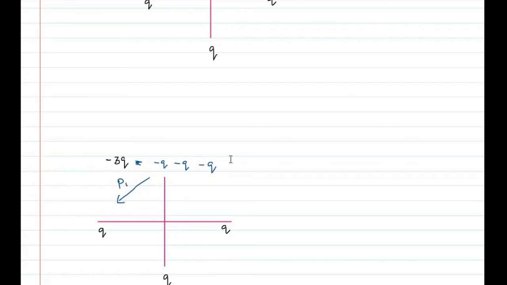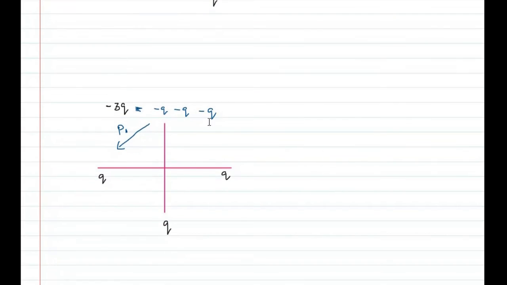Let it be P1. This minus q and q form a dipole moment pair, P1, and this minus q and q form another. All the pairs are of equal magnitude but opposite sign, and the dipole moment direction is from minus q to q.